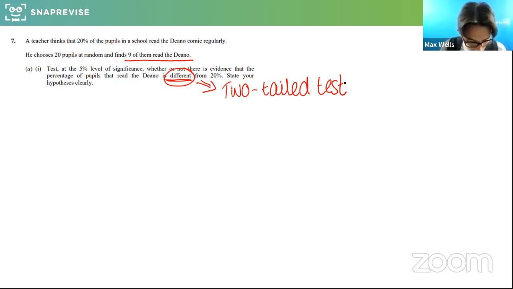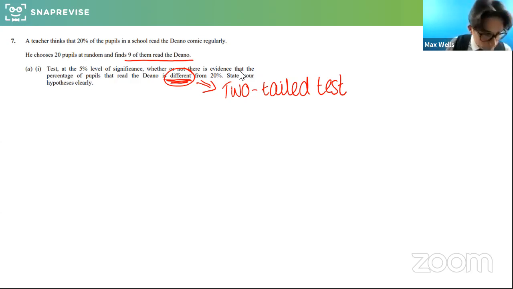We know it's a two-tailed test because it asks if it's different. If it specifically said is greater or is less than, that would be the wording suggesting it's a one-tailed test. So hopefully that's clear, but if that isn't something you've seen before, just bear in mind the language of these questions, for statistics particularly, is really important.